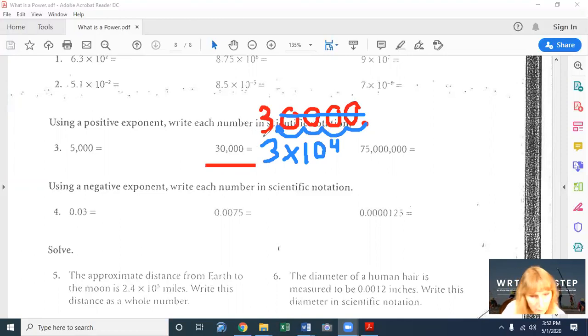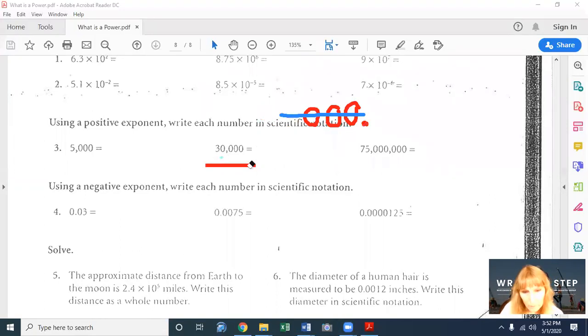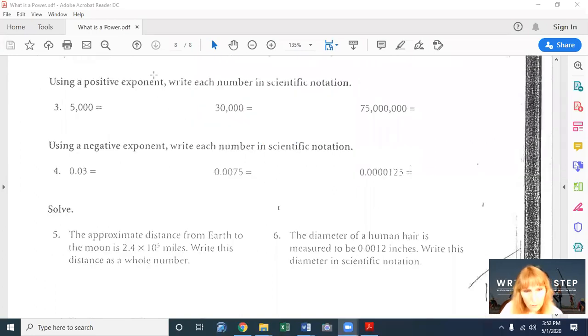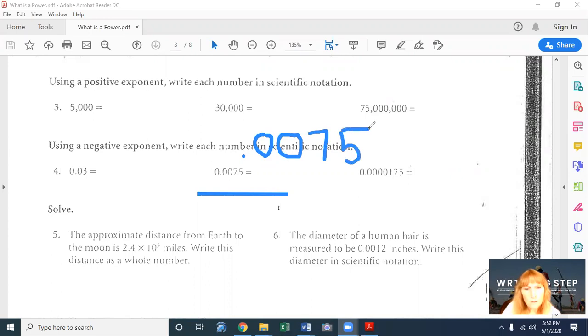Okay, row 4. Let's look at one of the other kind of examples here. We got this middle one here. We'll look at that one. 0.0075. So we want to write that in scientific notation. 0.0075. And we need a number between 1 and 9. So we know where our decimal is now. So we got to do some jumping to get it between 1 and 9.